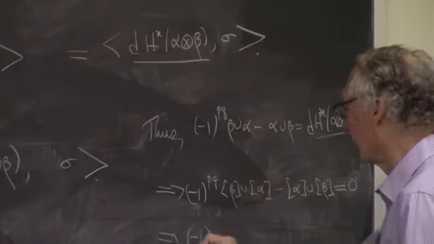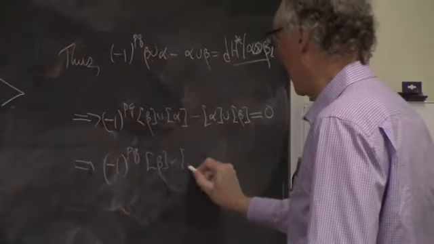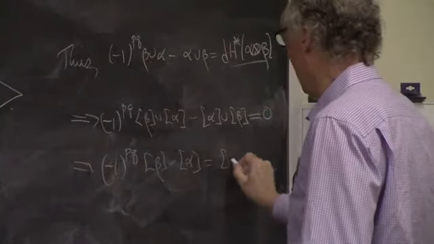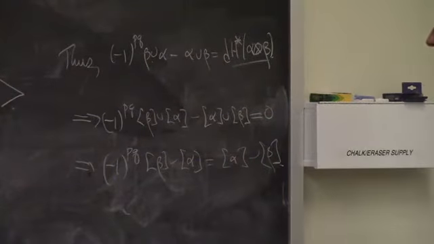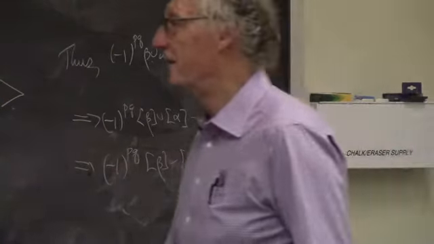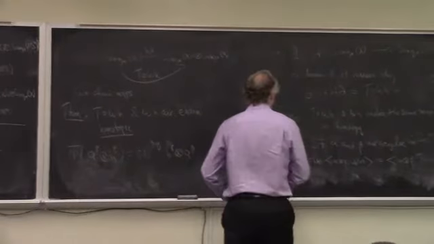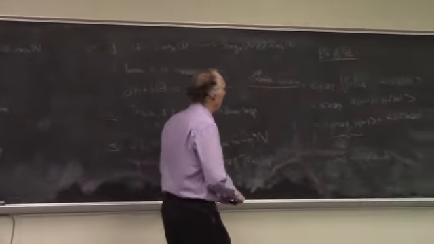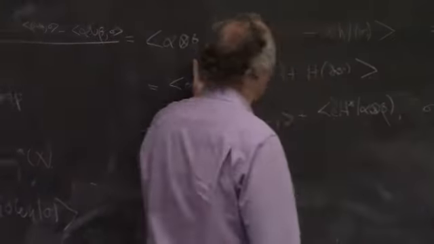So -1 to the PQ beta alpha is alpha beta. So that is how we're going to prove the sign commutativity of Whitney cup product.